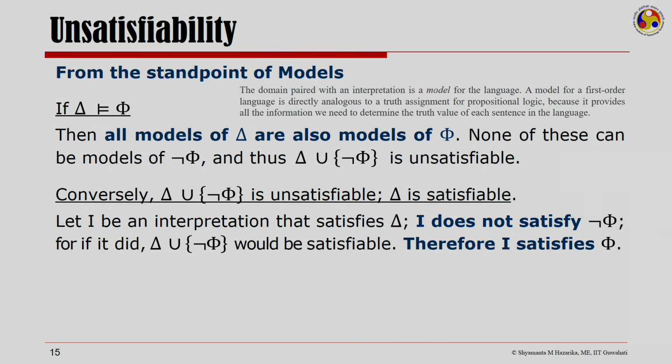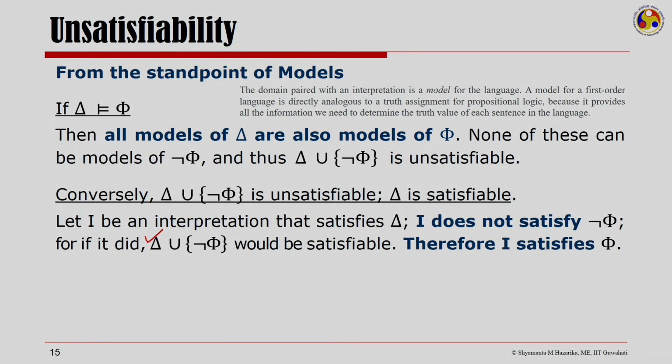Conversely, if we have delta union not phi is unsatisfiable, let us assume an interpretation I that satisfies delta. So, as I satisfies delta, I does not satisfy not phi, for if it did, then it would make delta union not phi satisfiable.